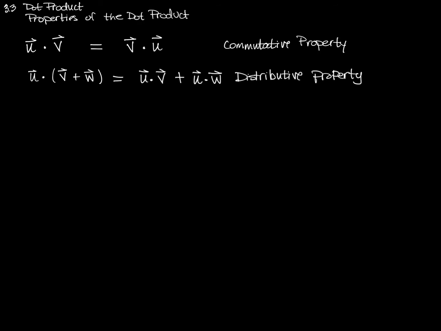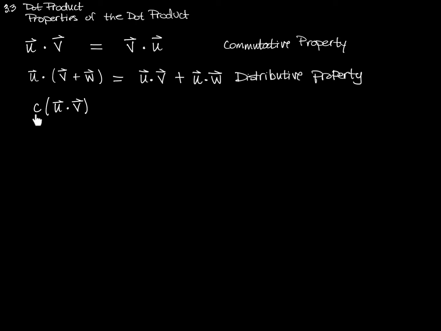The third one is the associative property of scalar multiplication over the dot product. So for example, if I take a number c and I multiply that c across a dot product, this is a dot product, so it's going to be a scalar.